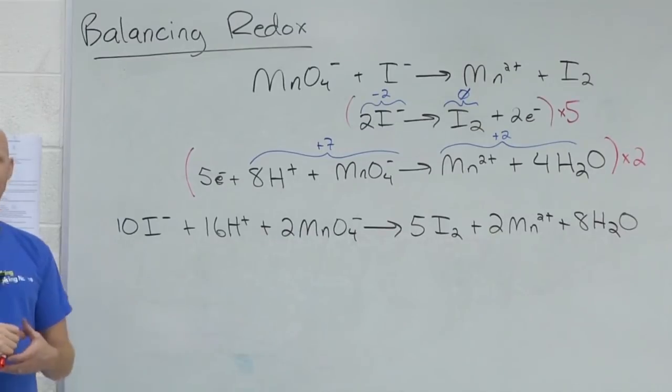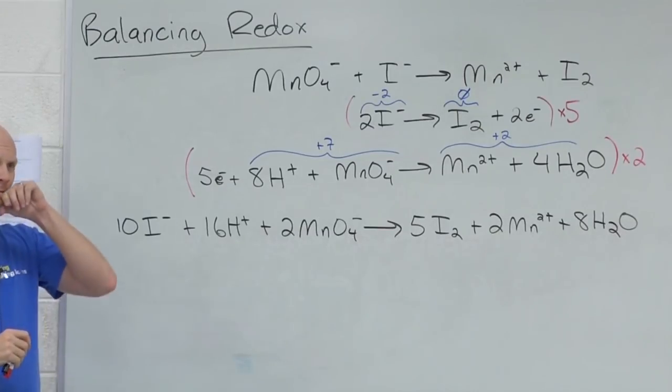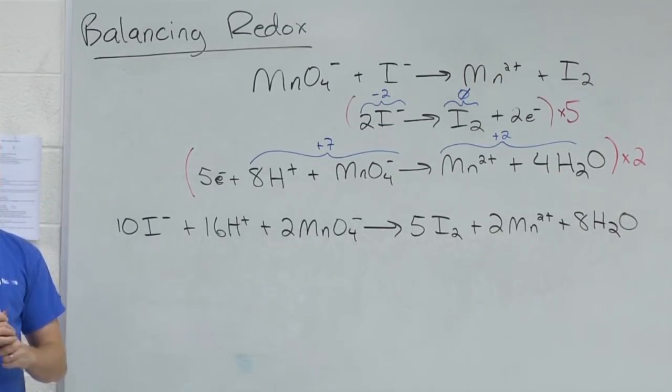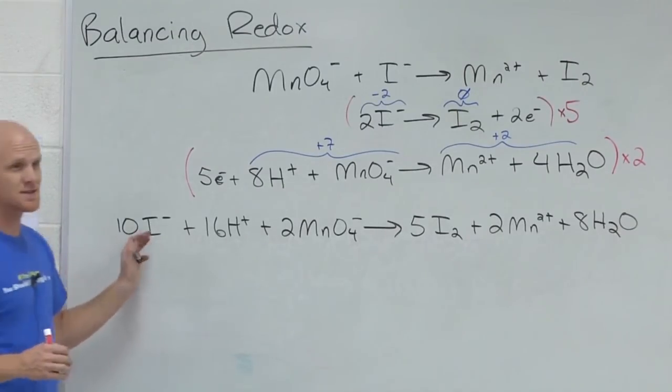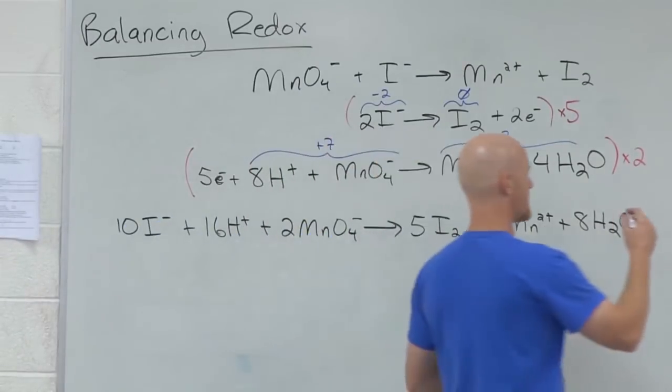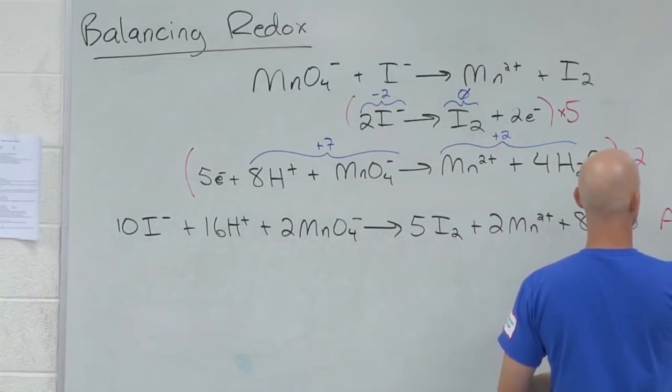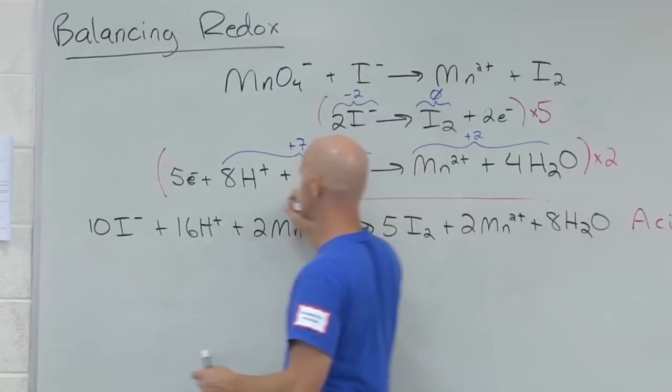Is there anything that's going to cancel? Can't reduce it either. Notice there's no common multiple here or anything like that. So all the way across. So in this case, this thing is balanced. And if our question was balance it in an acidic solution, this would be the answer.